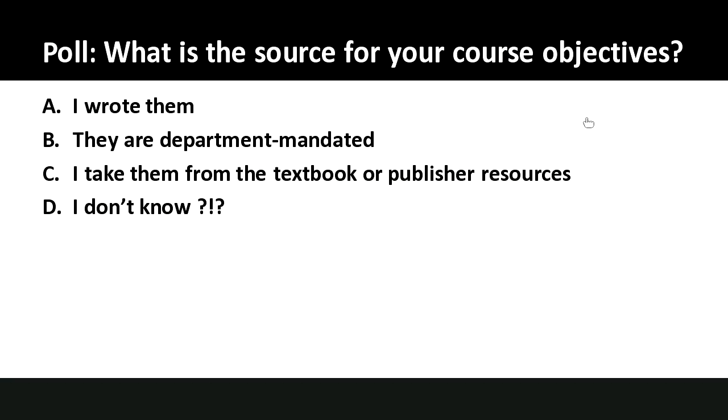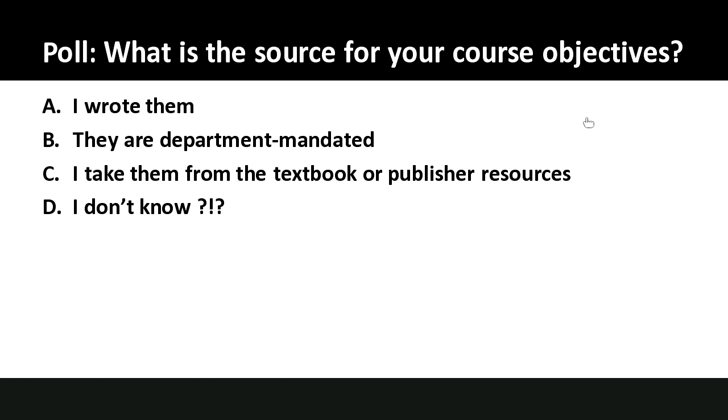Jordan says it's a mix of B and C. Yes, LaDonna says B, and I happen to know from your department that this is decided by a group, and then you are told what your course objectives are going to be. So that's quite typical. In that case, you may be stuck with the learning objectives that you've been given.